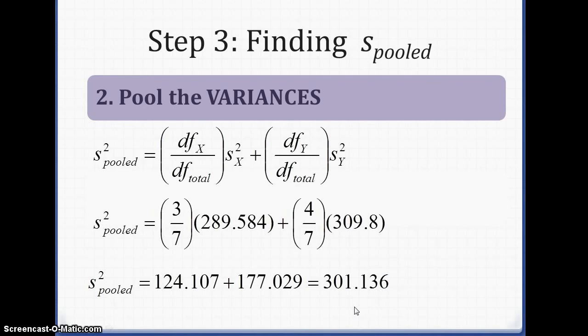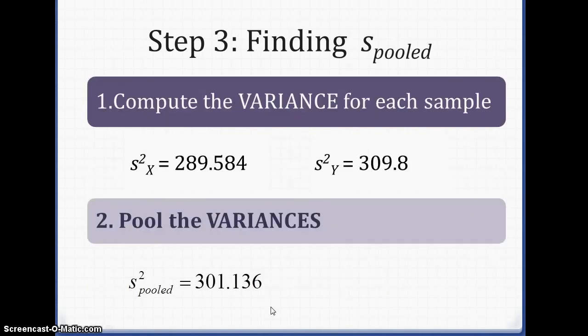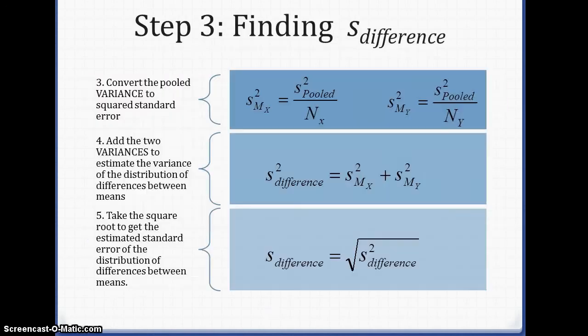So that's our pooled variance, which we'll now be able to use in order to calculate our standard error for our test. There's 3 steps in finding S sub difference. The first is that we need to convert that pooled variance to a squared standard error. You'll notice this looks familiar, S sub m, but now it's squared.